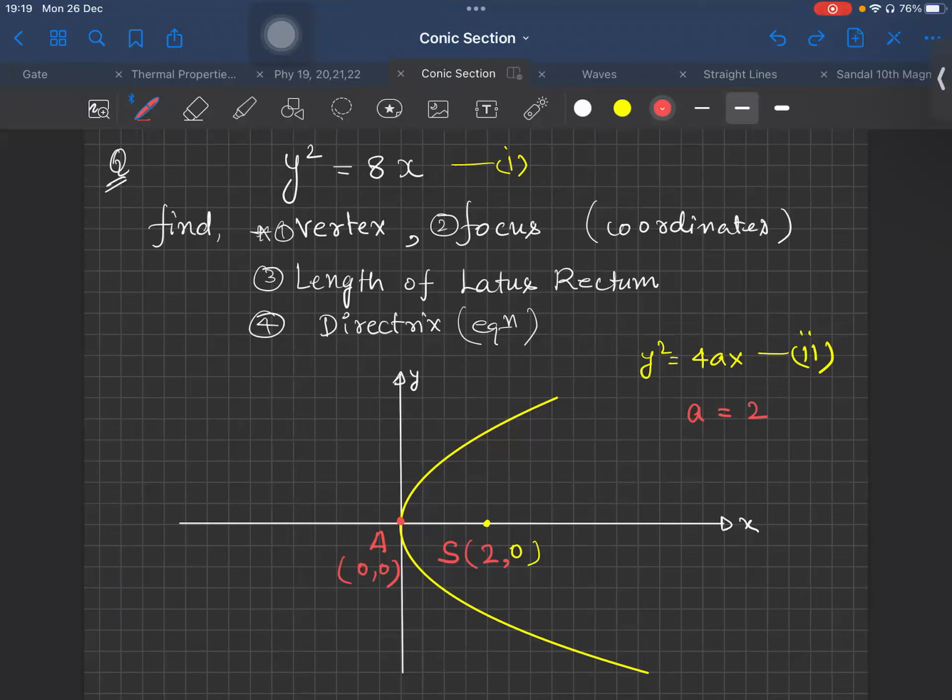Okay, now what next? Focus you have already got, vertex you have got. Directrix: what will be the directrix? This length should be equal. If this length is L, the directrix should be at a length L from the vertex, on the other side, so it will pass from here somewhere.